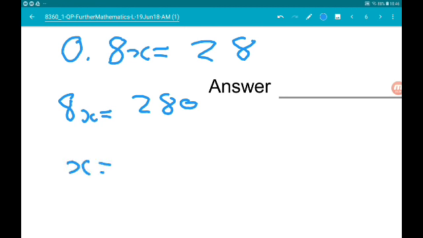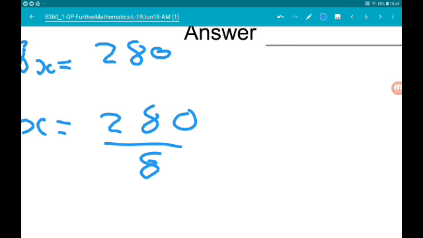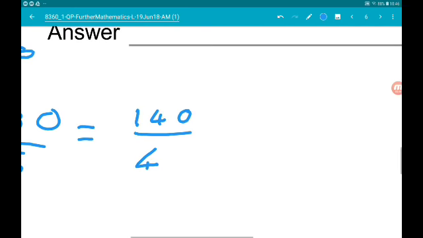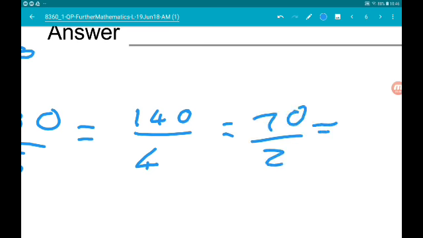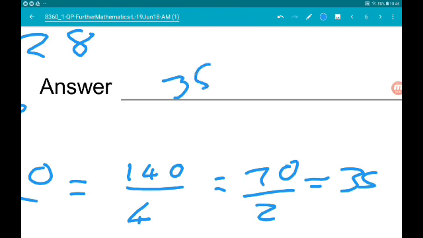So x is 280 over 8. Now that has a common factor of at least 2. So it's 140 over 4, which is 70 over 2, which is 35. Cool.